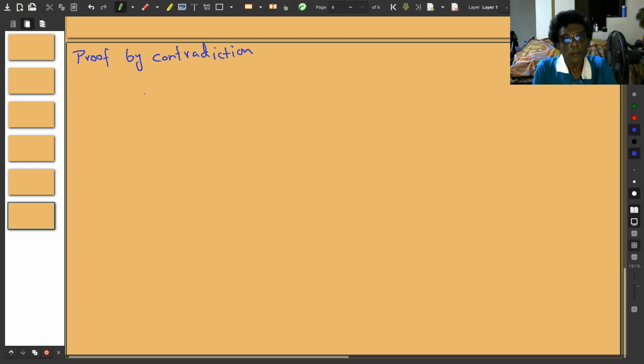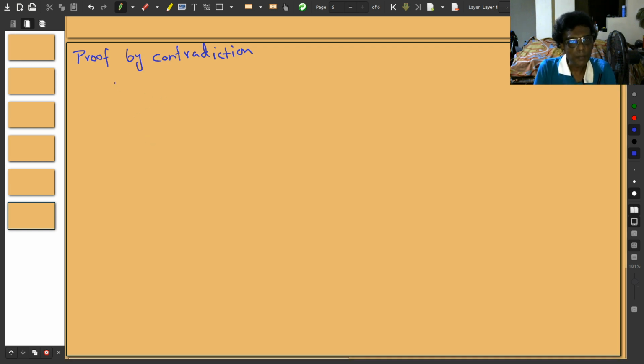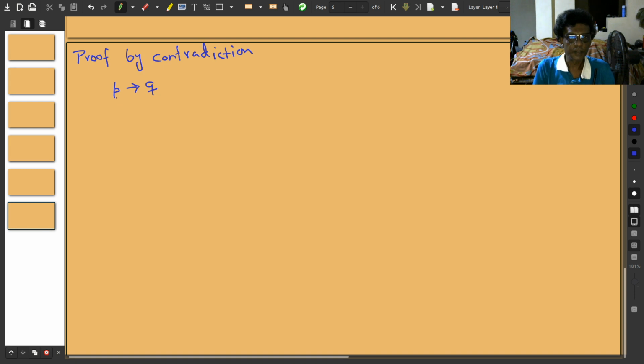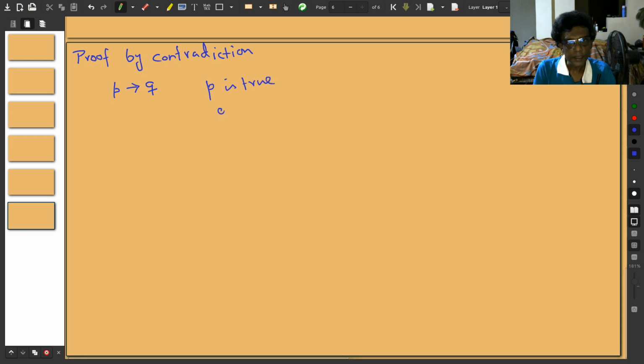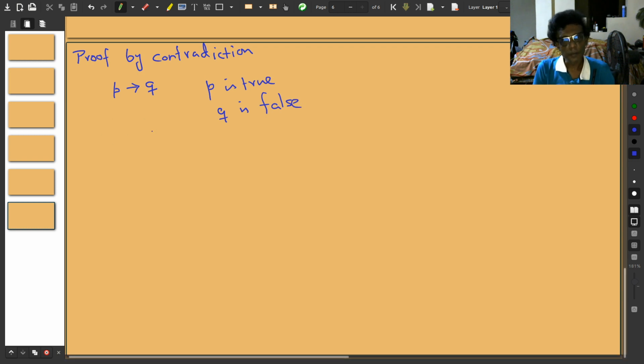When you consider statements like P implies Q, I assume that this implication is false, which means P is true and Q is false. Then use other theorems, results, axioms, definitions and all that stuff, and eventually you arrive at a contradiction.